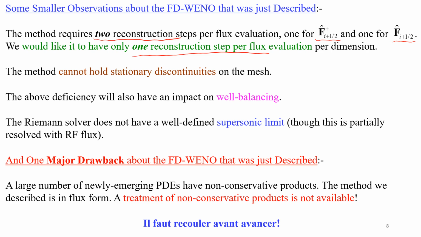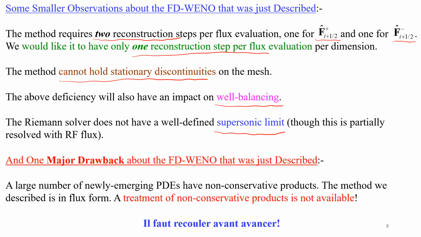Okay? Now notice another important deficiency, which is to say that the method cannot hold stationary discontinuities. We also have a problem with well balancing, and the Riemann solver that we use, namely the LLF Riemann solver, does not have a good supersonic limit.